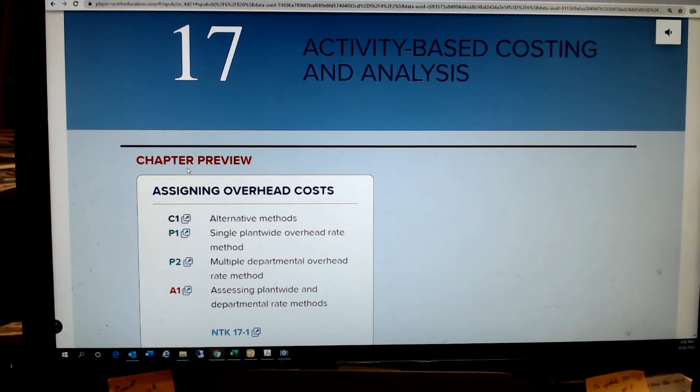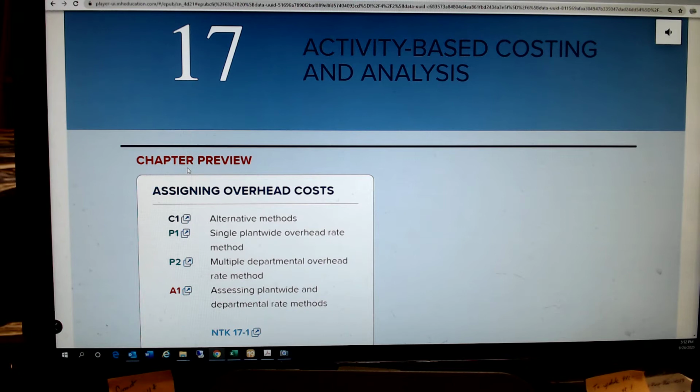So we're still going to use a predetermined rate, but in activity-based costing or departmental-based costing, we're going to come up with not just one rate for the entire plant, the plant-wide rate, but a rate for each department or each activity. It takes a little bit more number crunching, but you get a better costing model as a result.